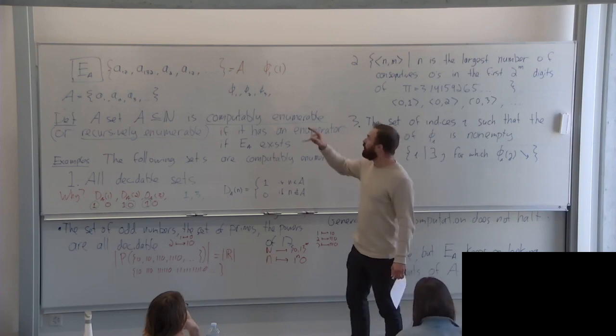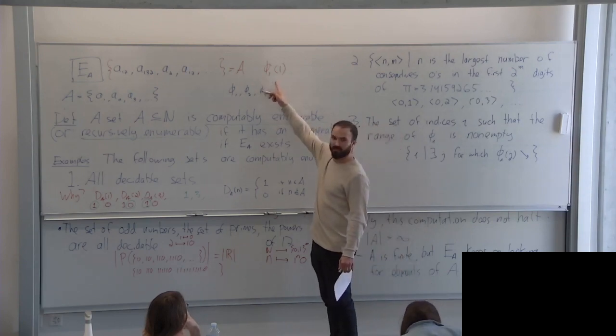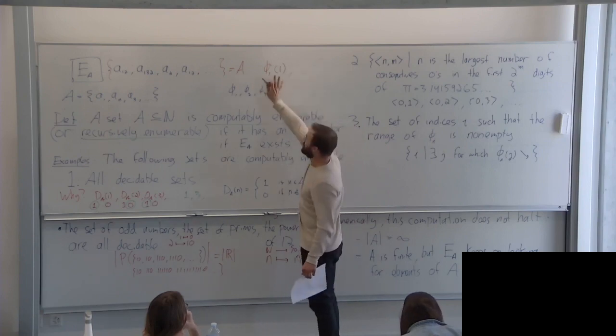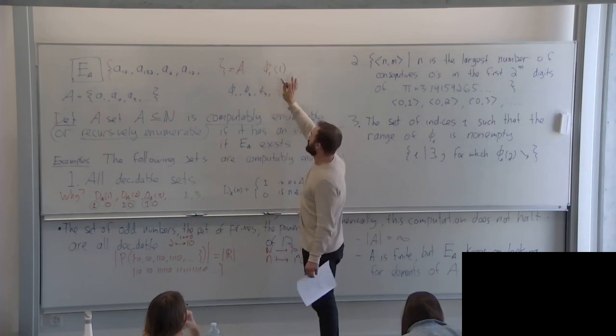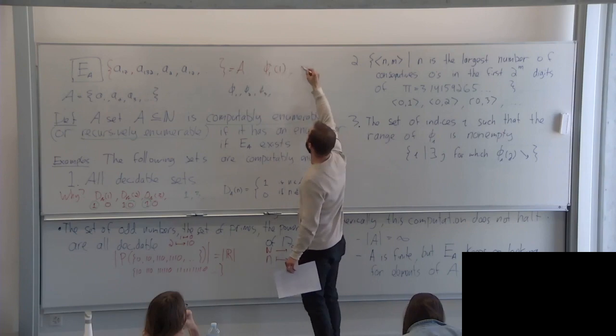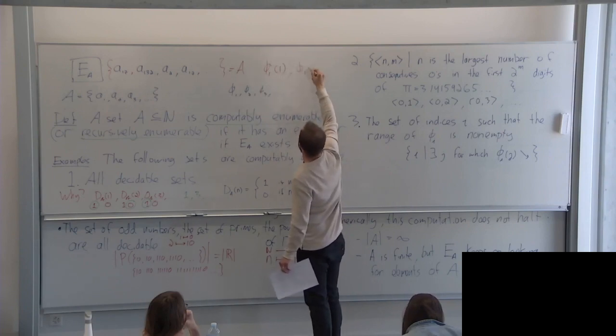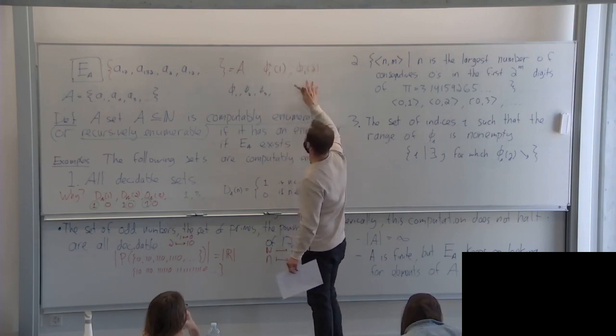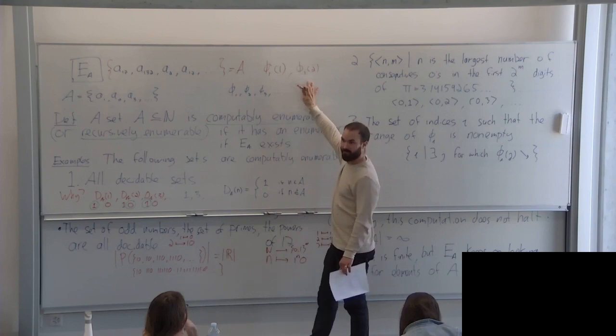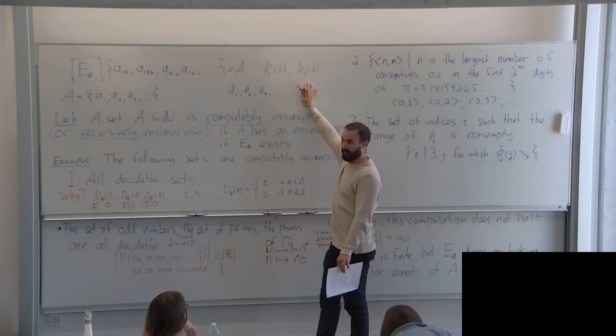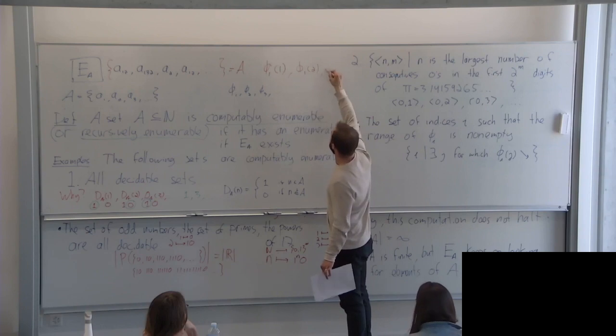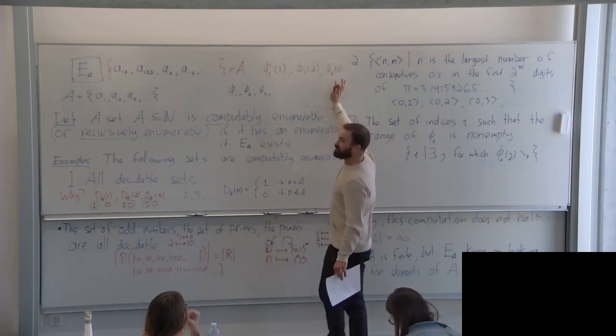So at some point you have to get bored of trying to compute that. You have to go to another one and say, you know what, I have done enough of this, I'm going to keep it for later. And I'm going to compute phi 1 of 2 a little bit. Maybe it's not going to halt, and I'm going to get bored of phi 1 of 2, and compute phi 2 of 1 for a little bit.